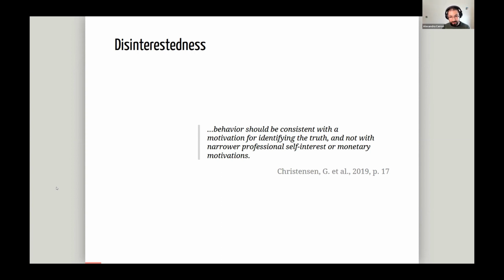While those are important for us, for science, they are less important. So our focus should always be to find the truth, regardless of the implications for our own career or institutions.